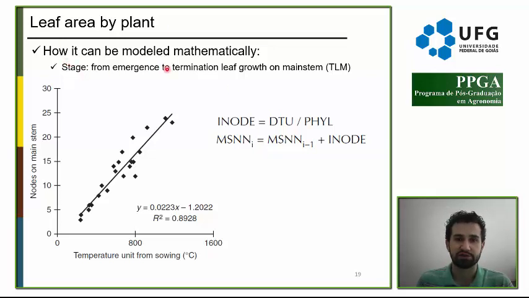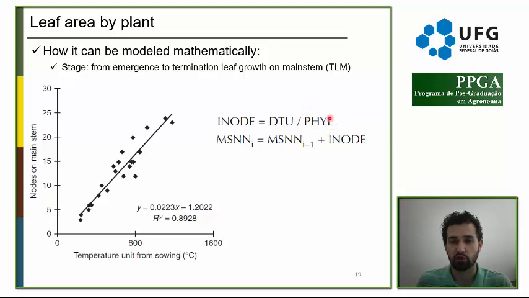we're going to calculate how many nodes the main stem can have, following the thermal, the temperature unit from sowing. For the emission of each node, I will require the accumulated thermal time divided by how much thermal time the crop requires to emit a new node.